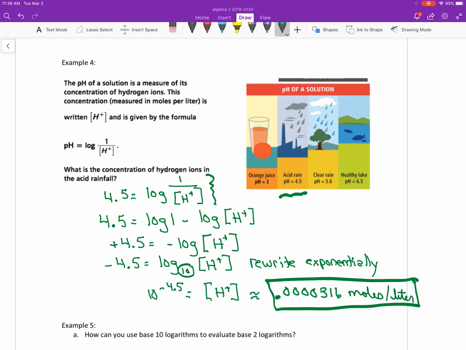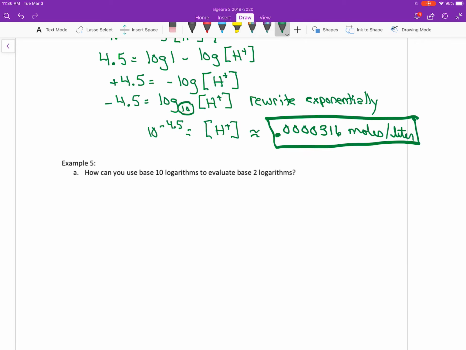All right. How can you use base 10 logarithms to evaluate base 2 logarithms? All right, so we would need to reevaluate this as base 10. But instead of proving it, I'm just going to go ahead and give you the change of base formula, which is going to be really helpful.